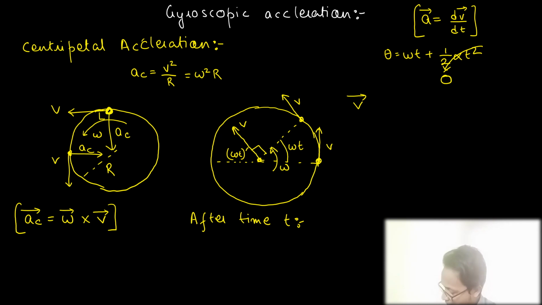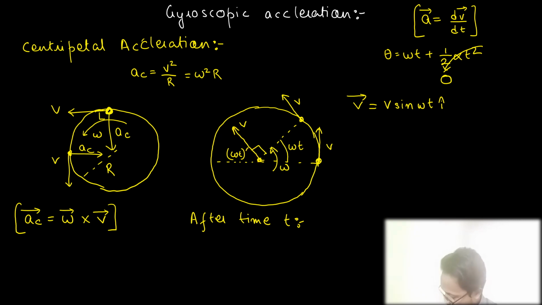Now I can write the velocity vector as a function of i and j. It is nothing but v cos omega t dash, or cos of 90 minus omega t, which is v sine omega t i. Actually, it is minus v sine omega t i.